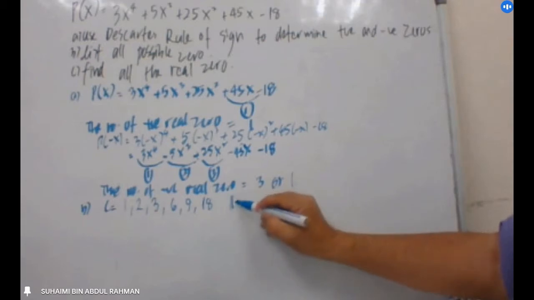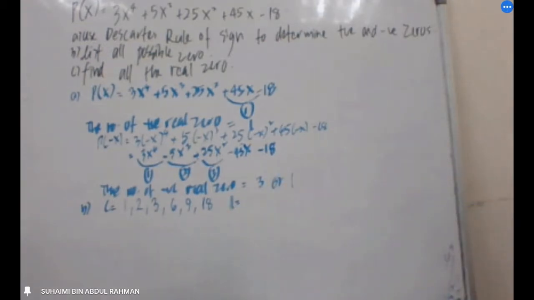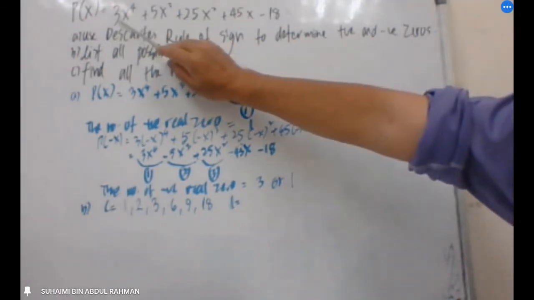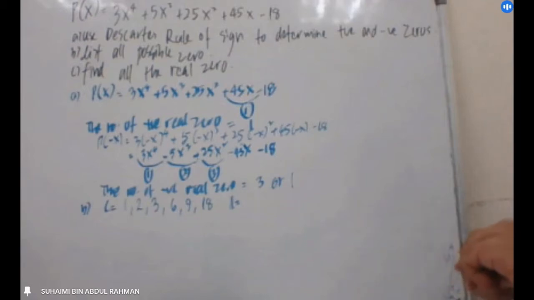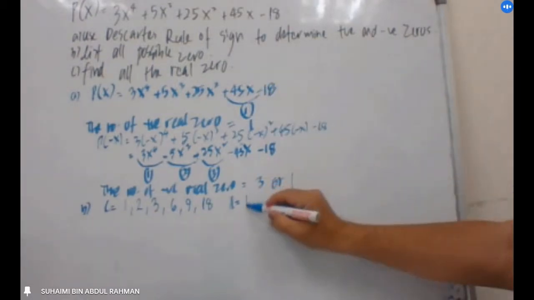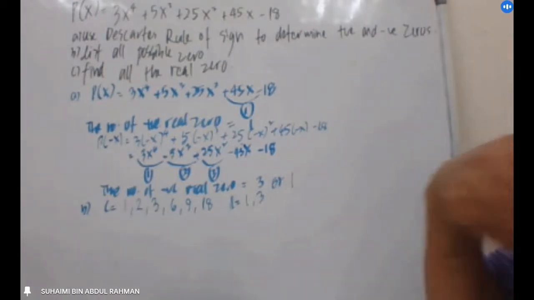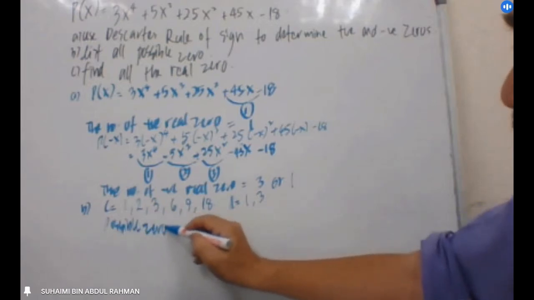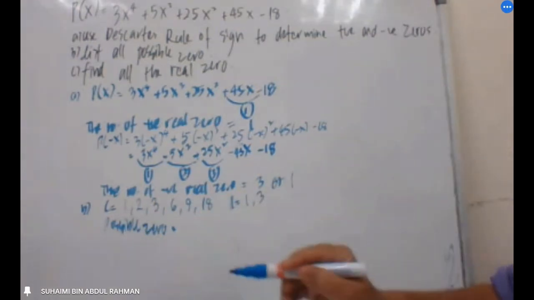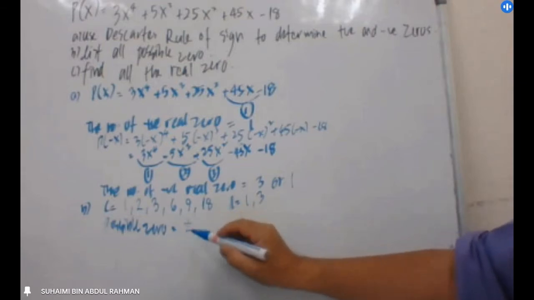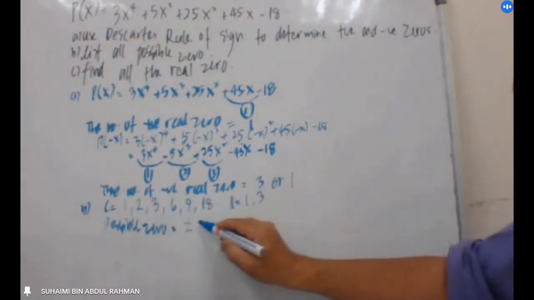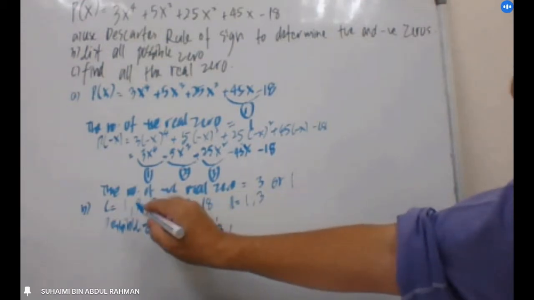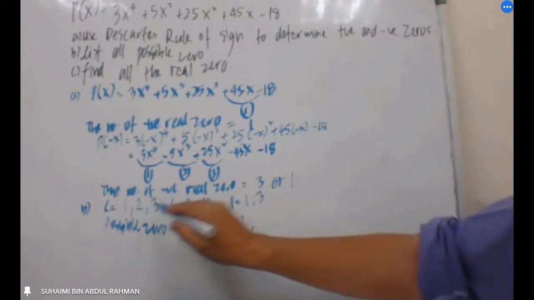D, what is D? D is a factor of the leading coefficient. The leading coefficient in this case is 3. So D is a factor of 3: 1, 3. So the list of possible rational zeros will be plus minus C over D. 1 over 1, 1. 1 over 3. 2 over 1, 2. 2 over 3.